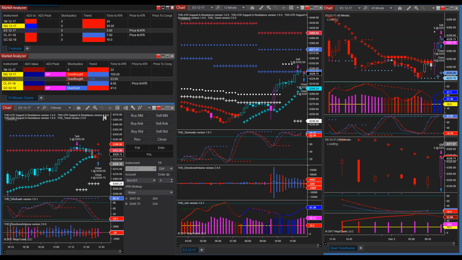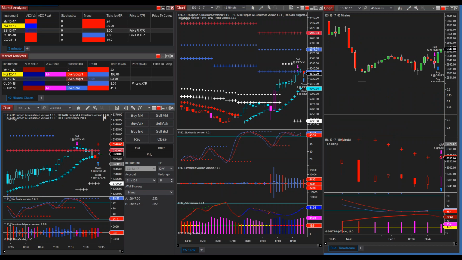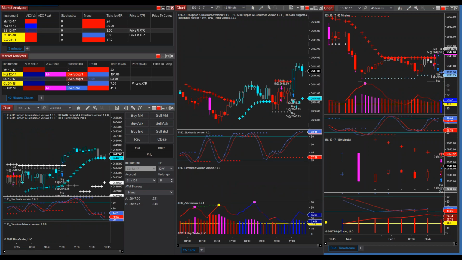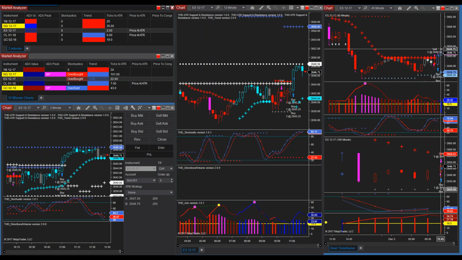We do have the ES back at the ATR again. I do not like the fact that we're at the congestion dot over here on the 45-minute.